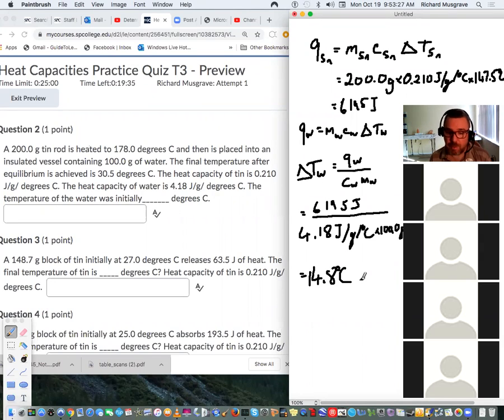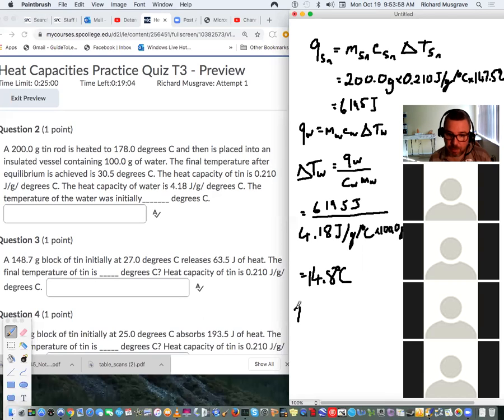So what does this represent? Well, this represents the change in the temperature of the water. So the question has to be, what was the water before? Was it higher than 30.5 degrees or was it lower than 30.5 degrees? And the answer has to be lower than 30.5, because we know that the iron released heat into the water and brought it up to 30.5 degrees Celsius.